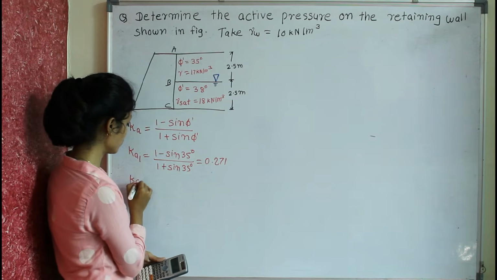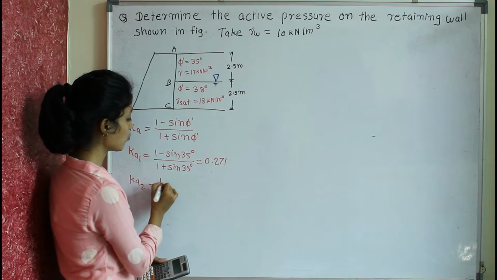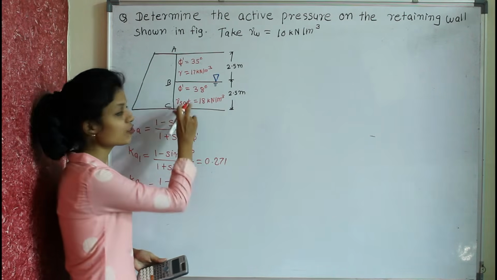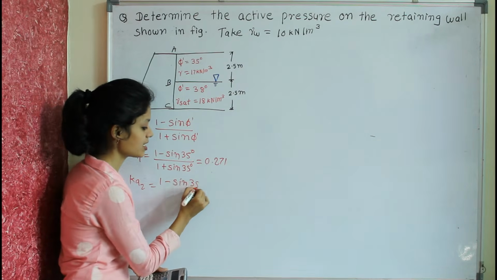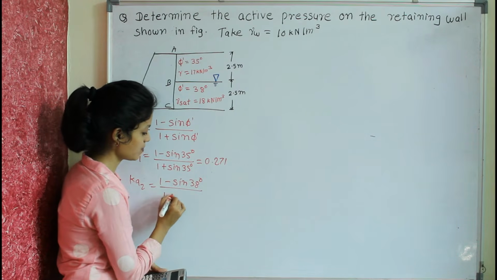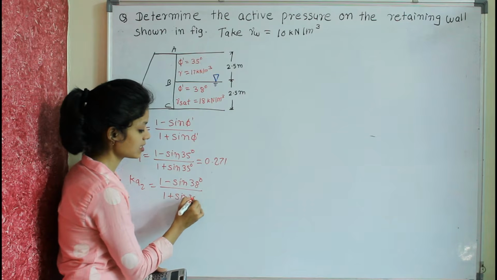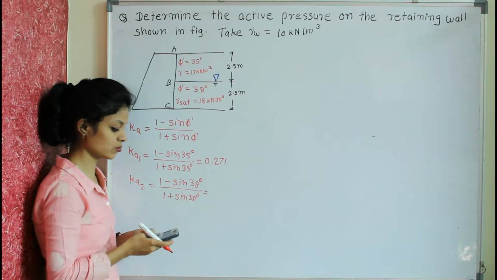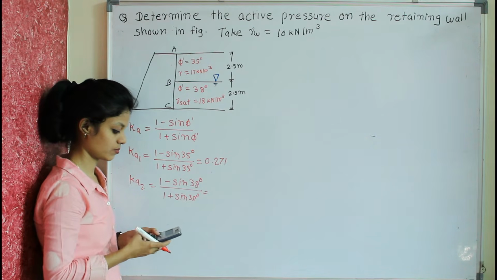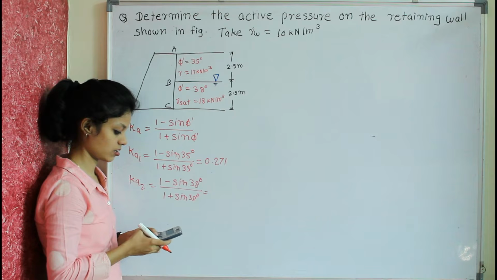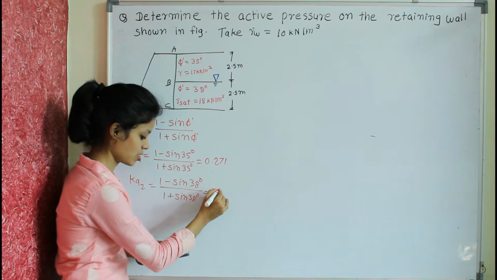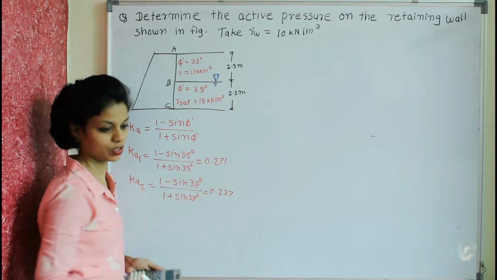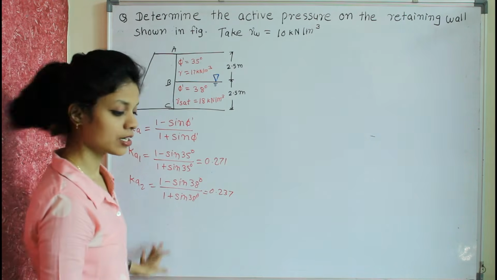And Ka2 equal to 1 minus sin 38 degree upon 1 plus sin 38 degree for second layer, phi dash equal to 38 degree, which is equal to 0.237.